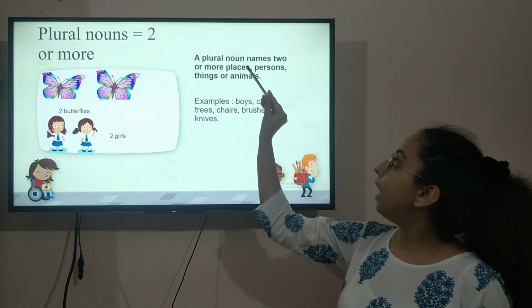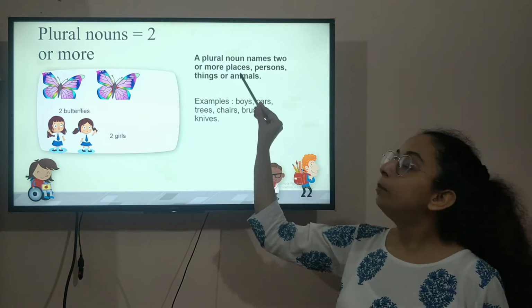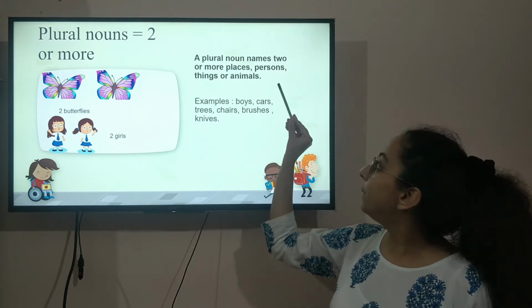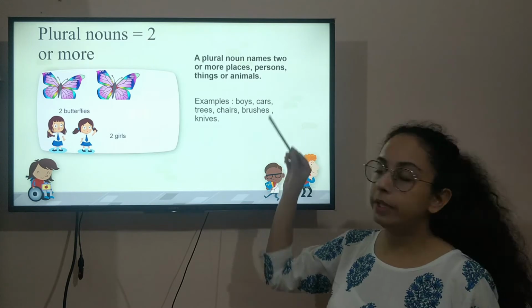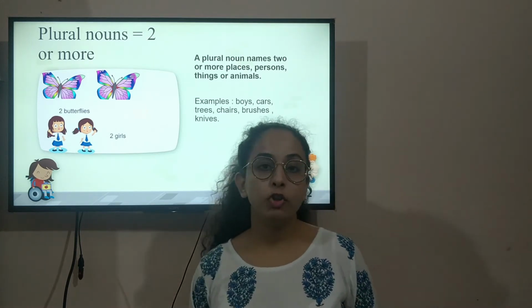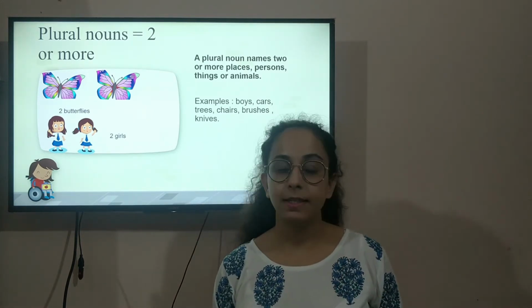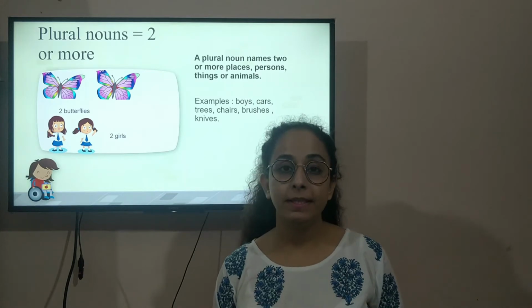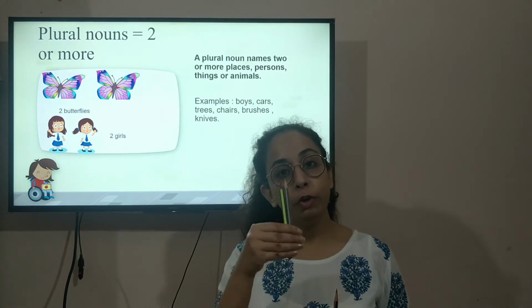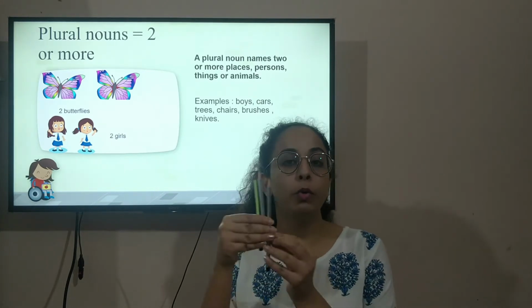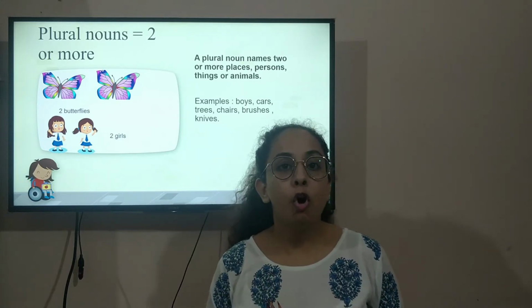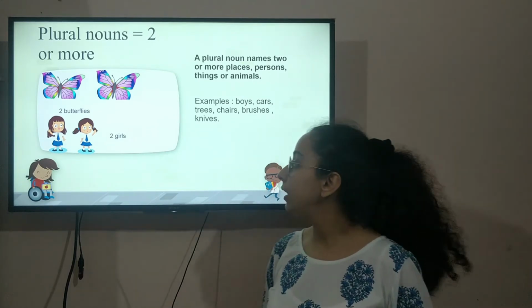A plural noun names two or more places, persons, animals or things. Whenever we talk about any person, any animal, any place that is two or more in number, we call it a plural noun.